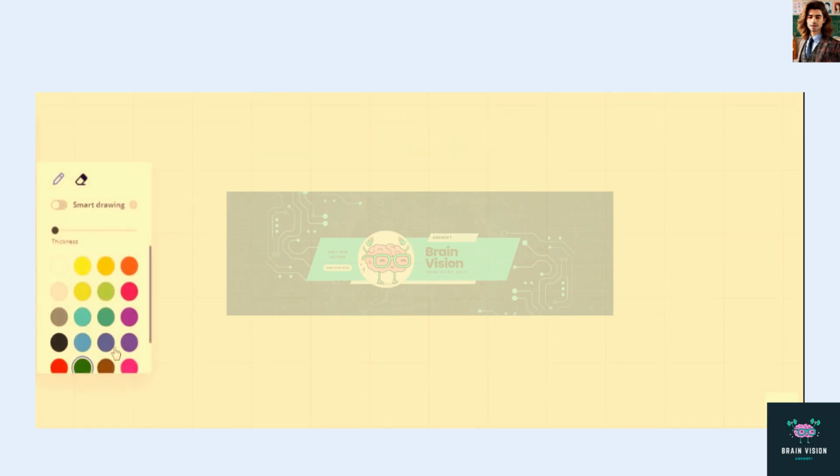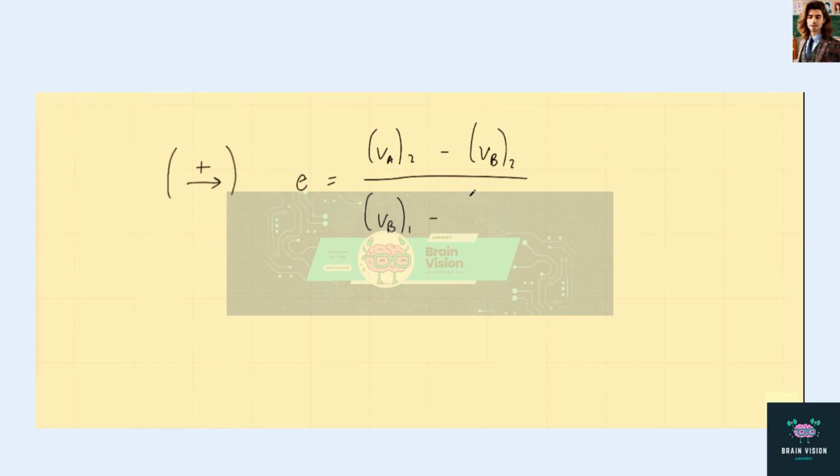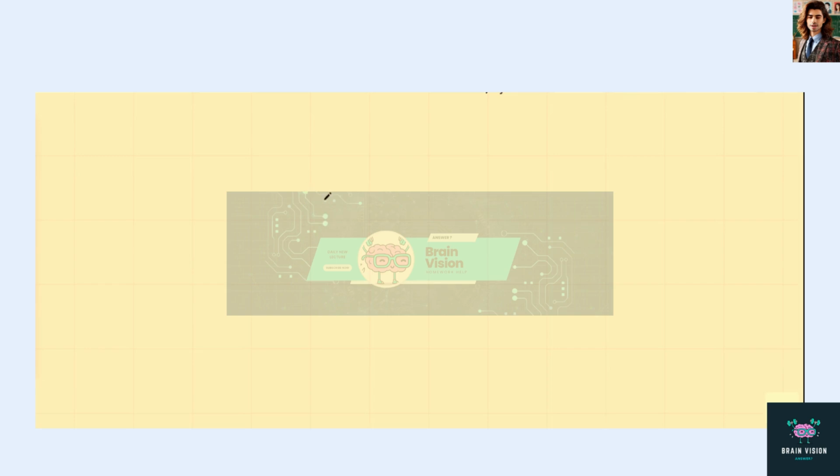Now that we've resolved those components, we can go back and look at our coefficient of restitution, again taking the right direction as positive, and calculate e. So e is defined as VA2 minus VB2 over VB1 minus VA1. Since we've calculated all of these, we can find our coefficient of restitution.